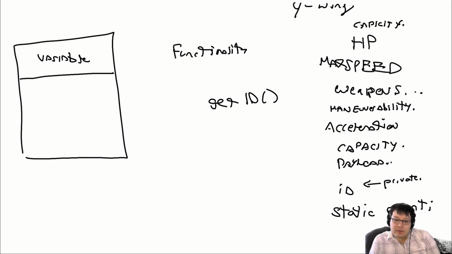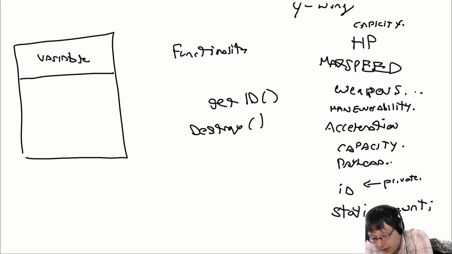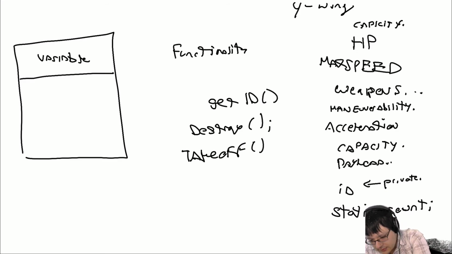Now, what other functionality can we have in our ship? Let's keep it small. Let's put some examples. For example, we want it to be able to be destroyed, like when it gets shot down. So we can say a destroy function, which will take care of destroying the ship. Another one we can have is perhaps to take off, right? Land.